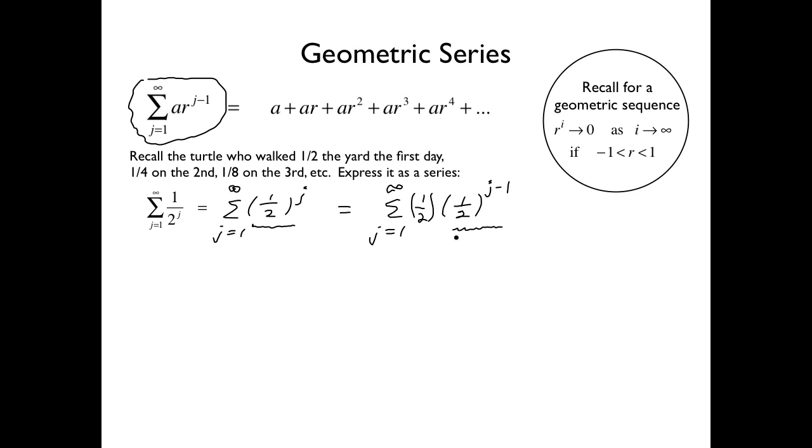And since we have a convergent geometric series, it's equal to a over 1 minus r. A is 1/2, right? Over 1 minus 1/2. This 1/2.